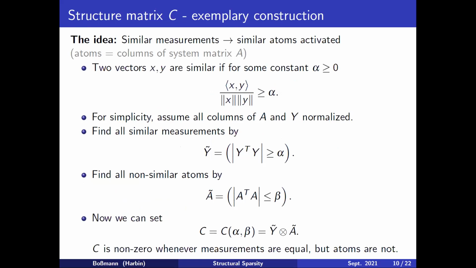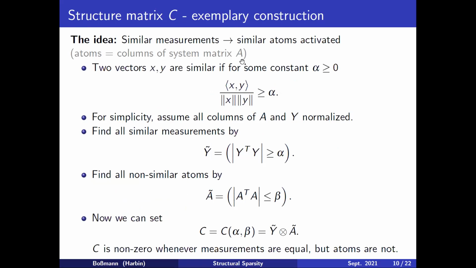So the idea we were presenting, if you want to create this matrix C from scratch, just from the data you have, is to look at the measurements you have and at the atoms you have. By atoms, I just mean the columns of your system matrix.